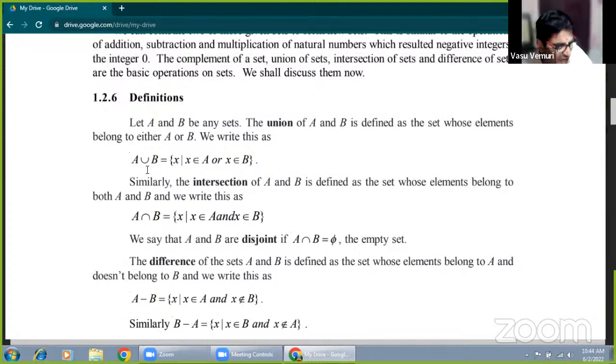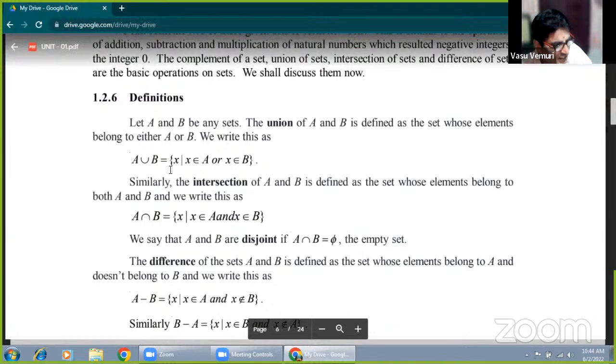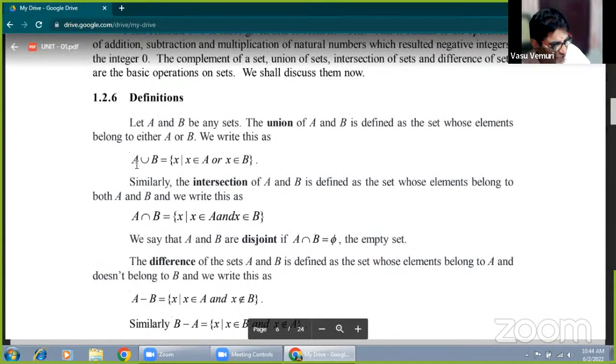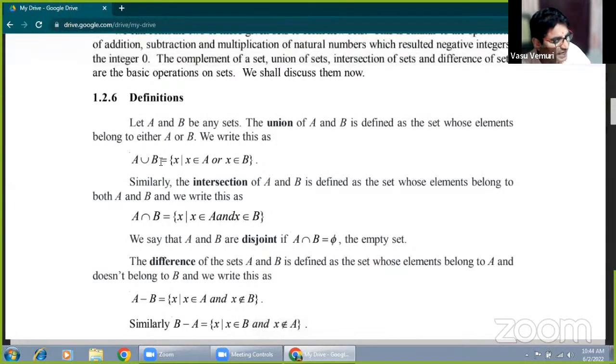We read it as A or B, or A union B. In set-builder form, suppose x is an element: x belongs to A or x belongs to B. It reads as x is in A or x is in B.